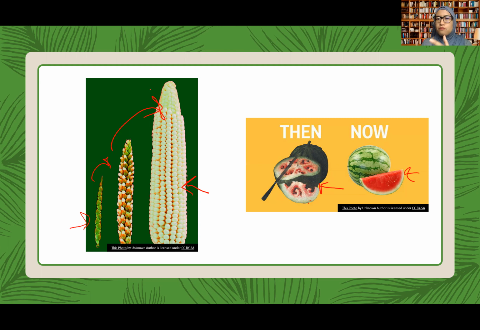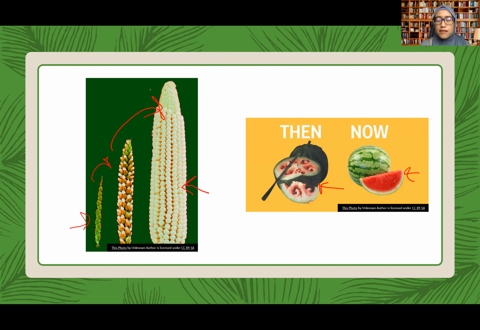Of course, you want to grow more flesh, less seed, instead of less flesh, more seeds. So over time, farmers select for the characteristics of the plants that they want. And over time, the crops that we eat, our vegetables and fruits, change quite quickly, because we select for the characteristics that we want.